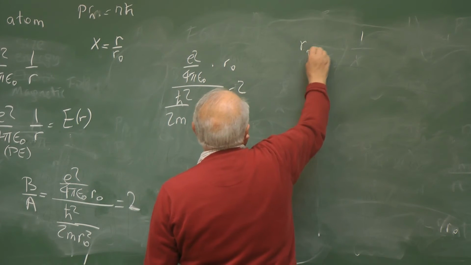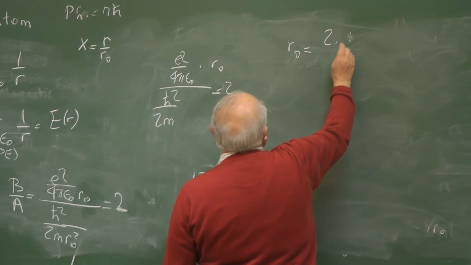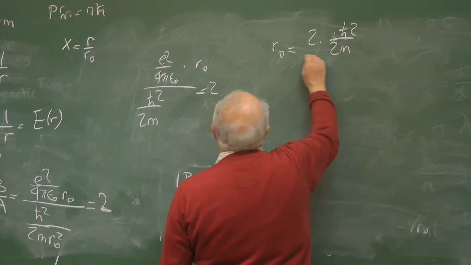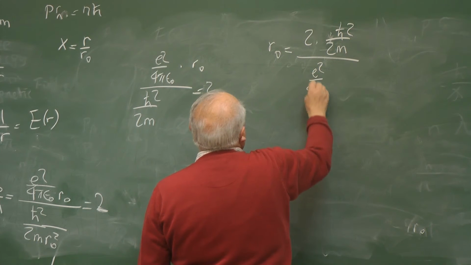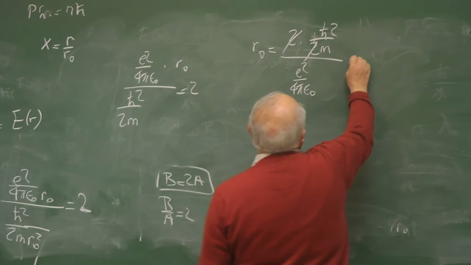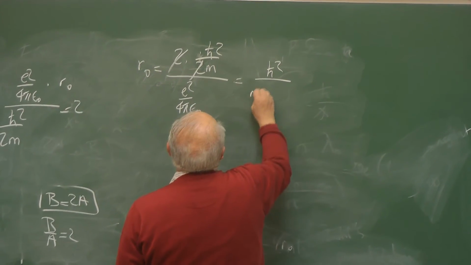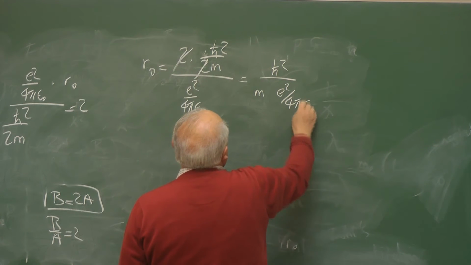So R0 is equal to 2 times h bar square over 2m divided by e square over 4 pi epsilon 0. So the 2's cancel. It is h bar square over m times e square over 4 pi epsilon 0.